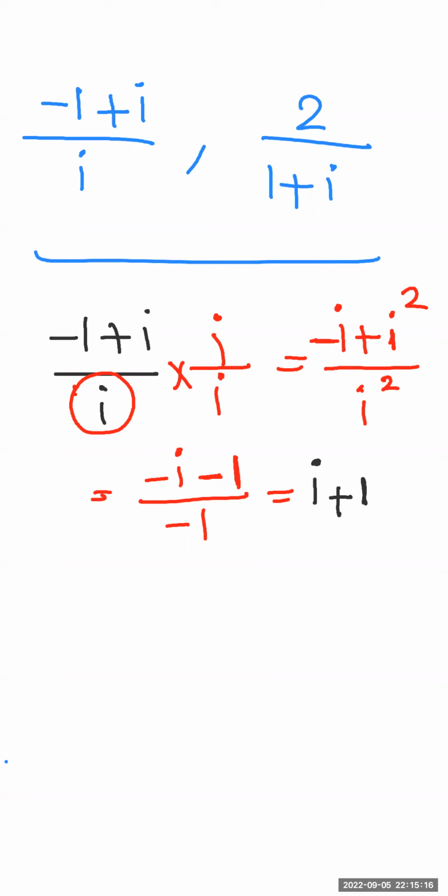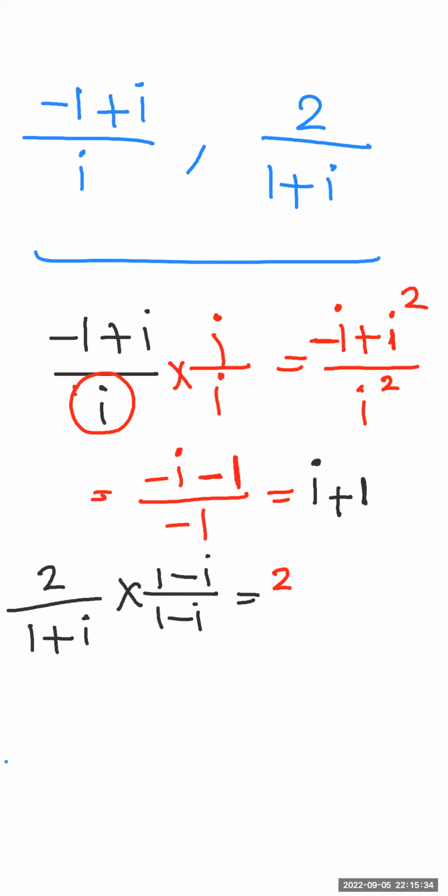The second root, 2 over 1 plus i. Now I'm going to multiply it by the conjugate of the denominator, so (1 minus i) over (1 minus i). So it will equal numerator 2 minus 2i, denominator two conjugate numbers, first squared, 1, minus second squared, i squared.